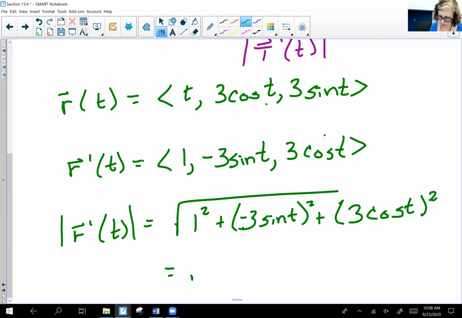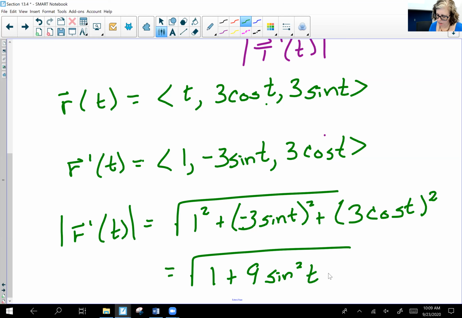So that's going to end up being the square root of 1 plus 9 sine squared of t plus 9 cosine squared of t.